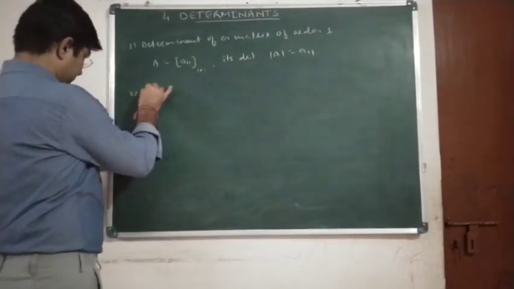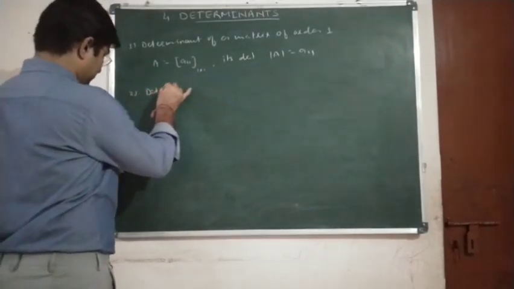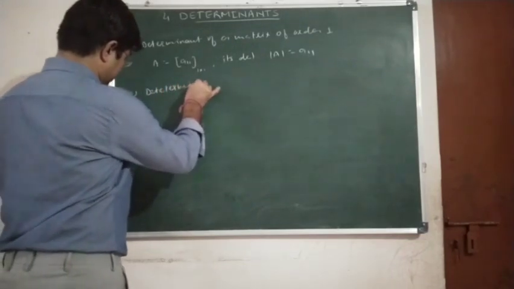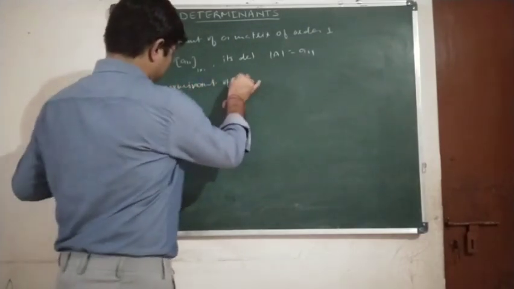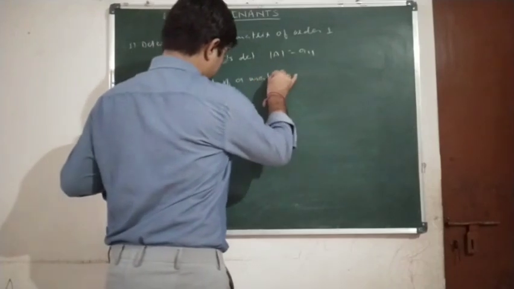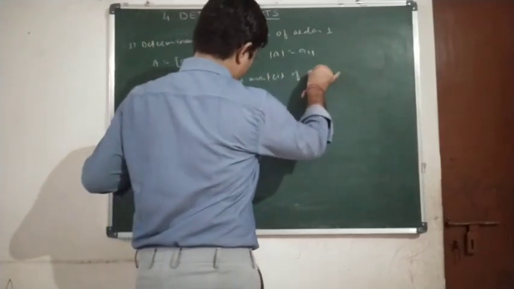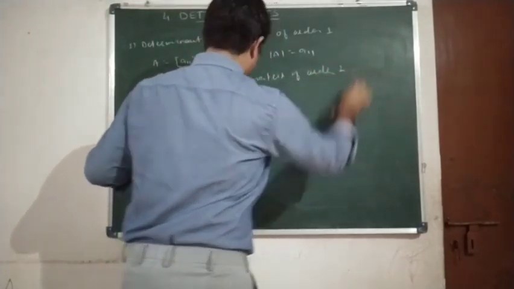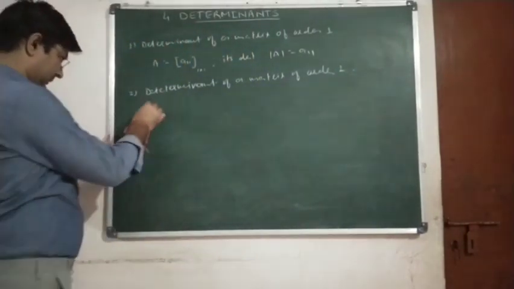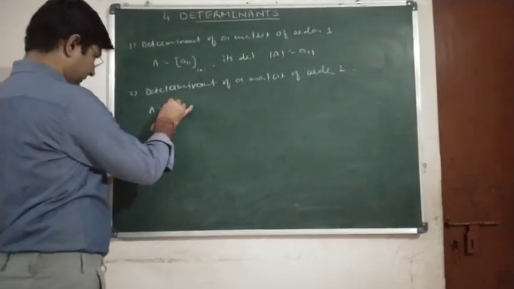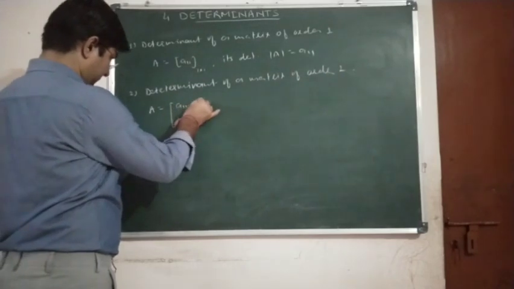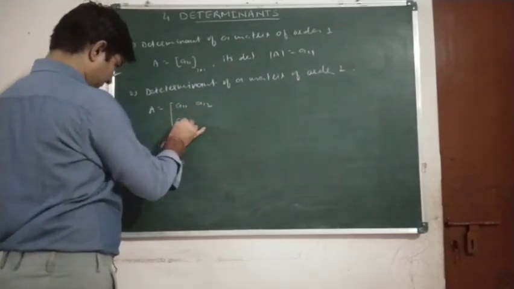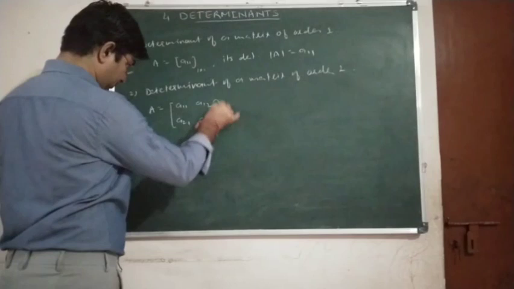Now determinant of a matrix of order 2. Okay, so let us consider matrix A with rows A11, A12 and A21, A22.